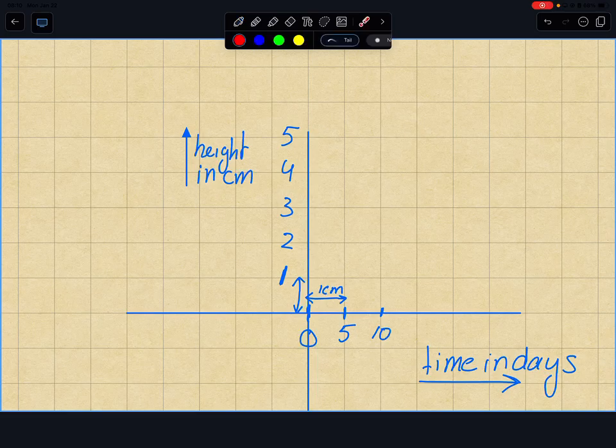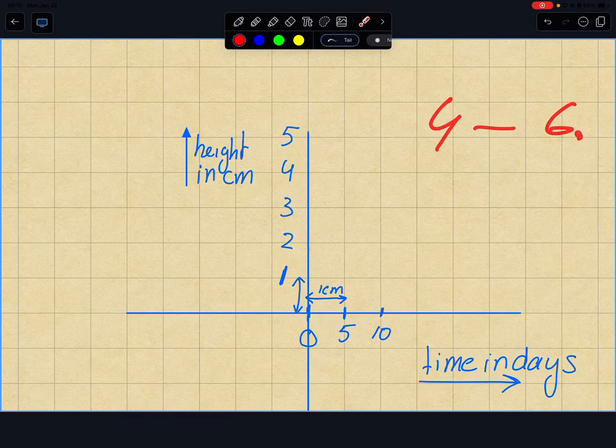Depending on the graph, you get points just for placing this correctly. Graphs, depending on what you have to do, can give between 4 to 6 points.